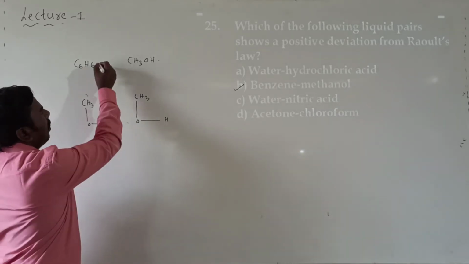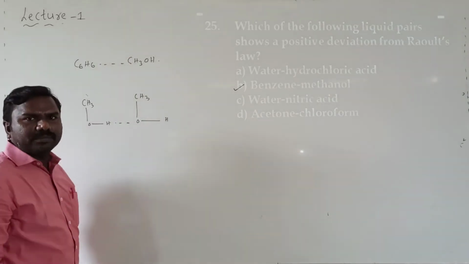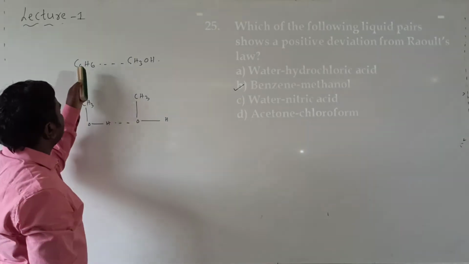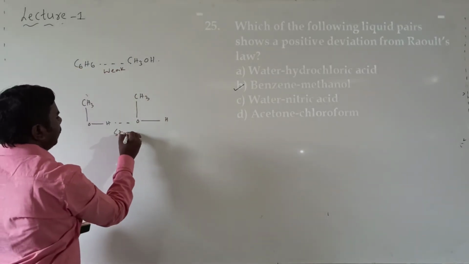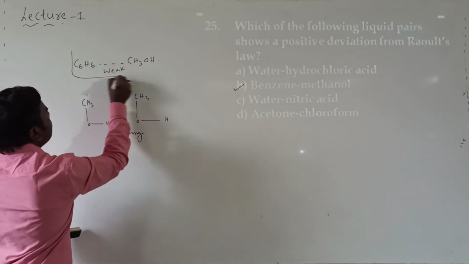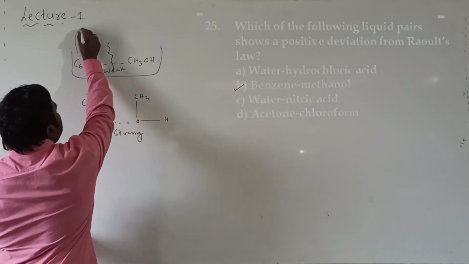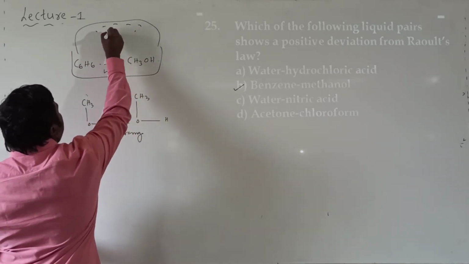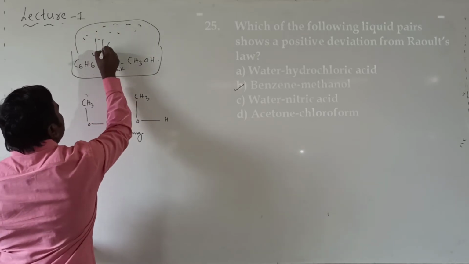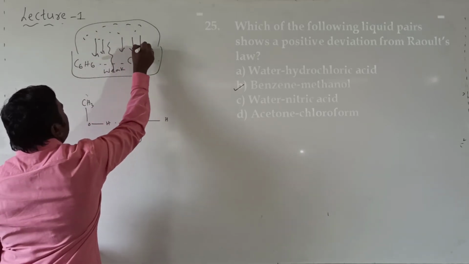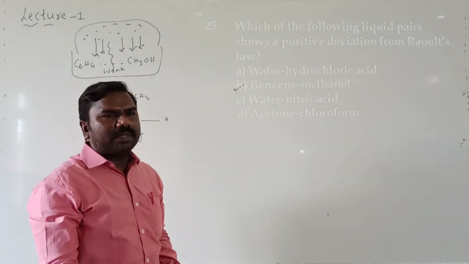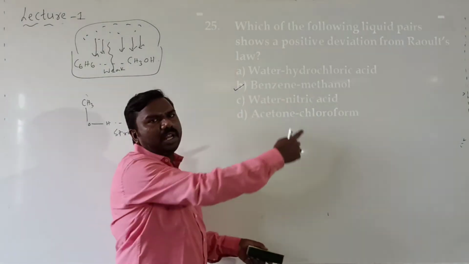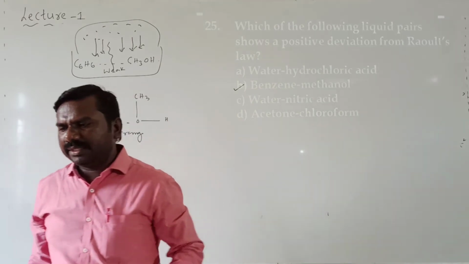This interaction is stronger than benzene and benzene. So it is a weak interaction in the mixture, while the original is a strong interaction. Weak means easily broken. Easily broken means more vapor. More vapor means more vapor pressure, obviously more vapor pressure than expected. That is why it shows a positive deviation. Clear?